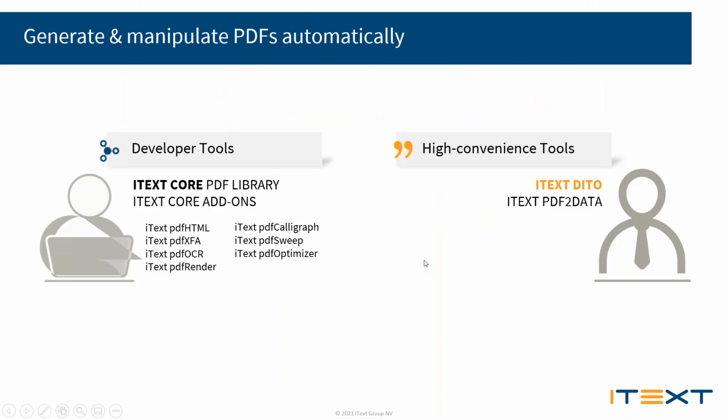So basically, if we're thinking about iText, most people will definitely think about iText's developer tool. We have our iText core library that has been around for just a little bit over 20 years now.